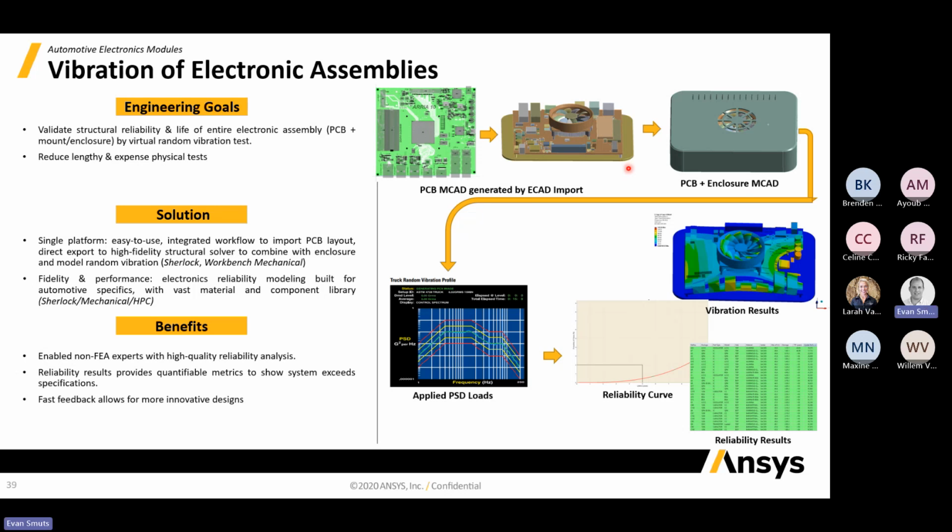In that case, we do need to move over to our FEA solver called Ansys Mechanical, where we can then start adding all these extra components and do a much more rigorous mechanical test. Okay, so all the usual thermal, vibration, all of that, but now we can include a lot more detail than just the PCB level.